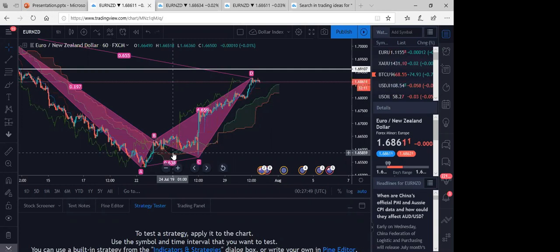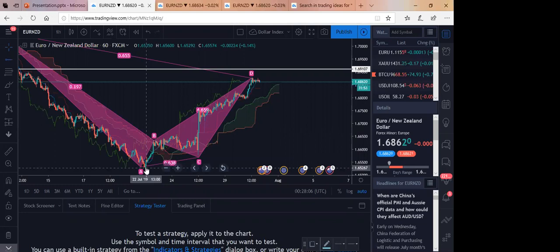All right. So with this twist right here, you notice that it was in a downtrend, right? And then I can draw a support line right here. Sure, I draw a support line. That's not a support line. I don't know what it is.